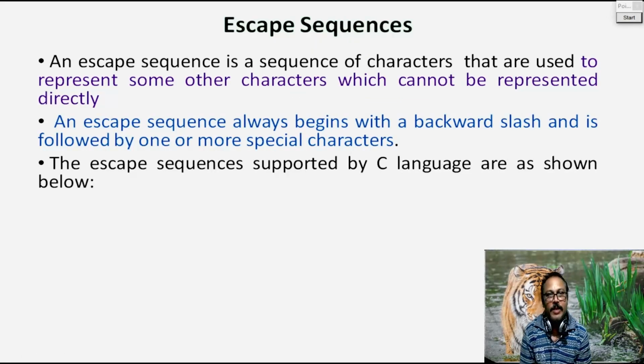The other one is escape sequence. An escape sequence is a sequence of characters that are used to represent some other characters which cannot be represented directly. That means if we have some characters that we cannot type directly within the program, such things can be represented by what are called escape sequences.